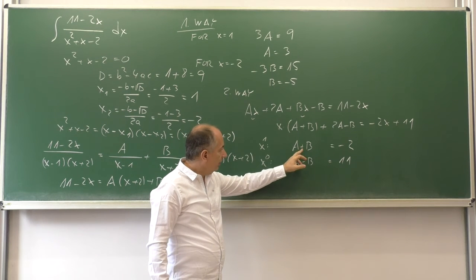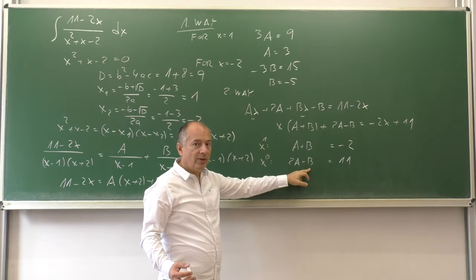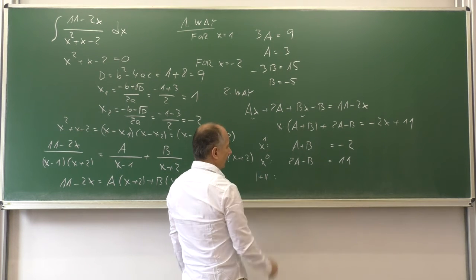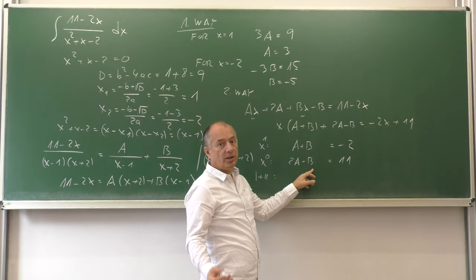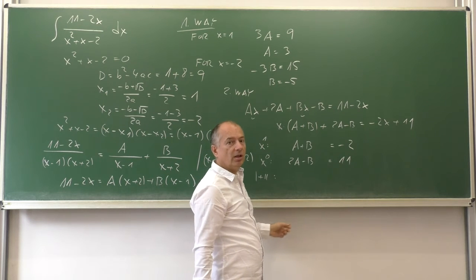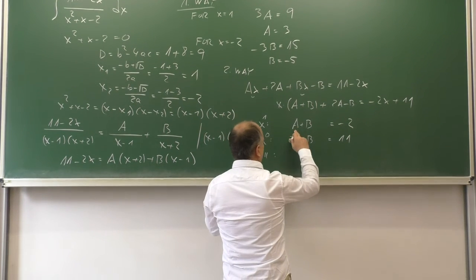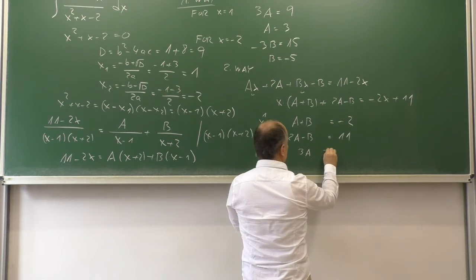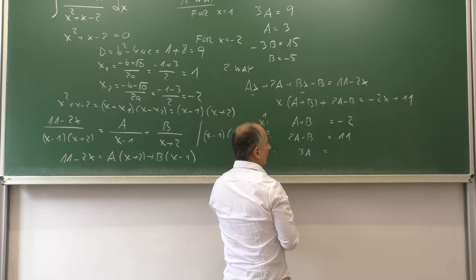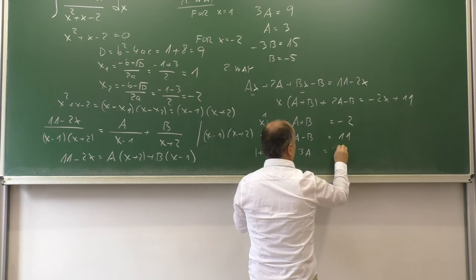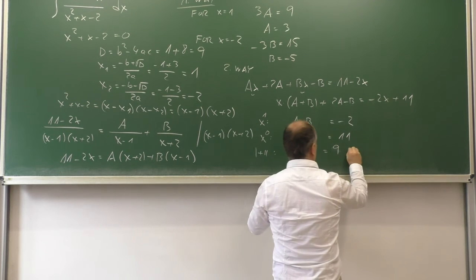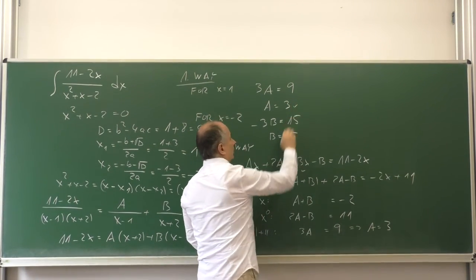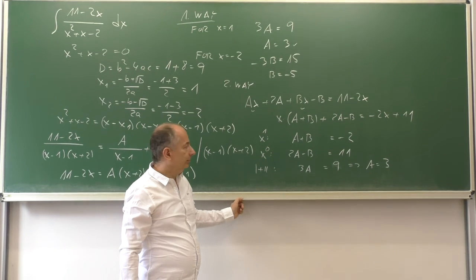And here you have plus b minus b, so if we add these two equations, then b disappears, and we have just a single equation for a single unknown a. And we have a plus 2a is 3a, plus b minus b is 0. And if we add the right hand side, we have 9. So that means that a is 3 again, in agreement with our first way.